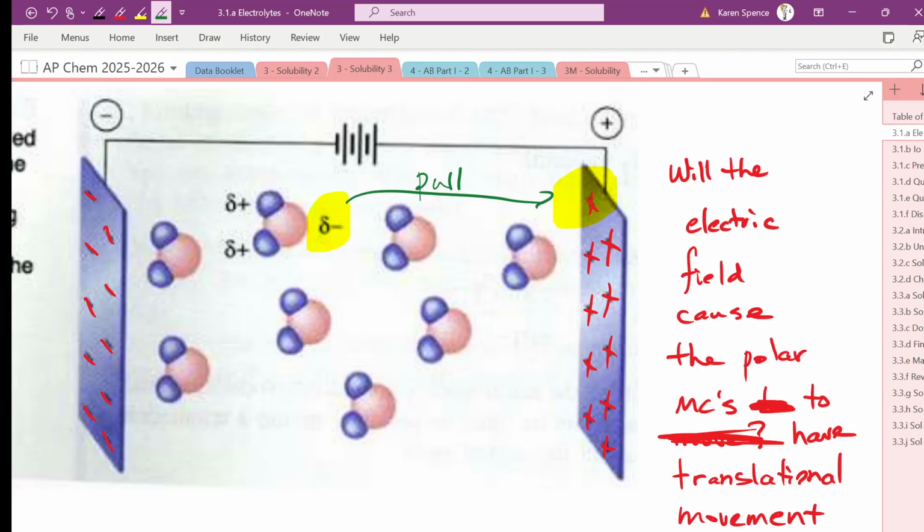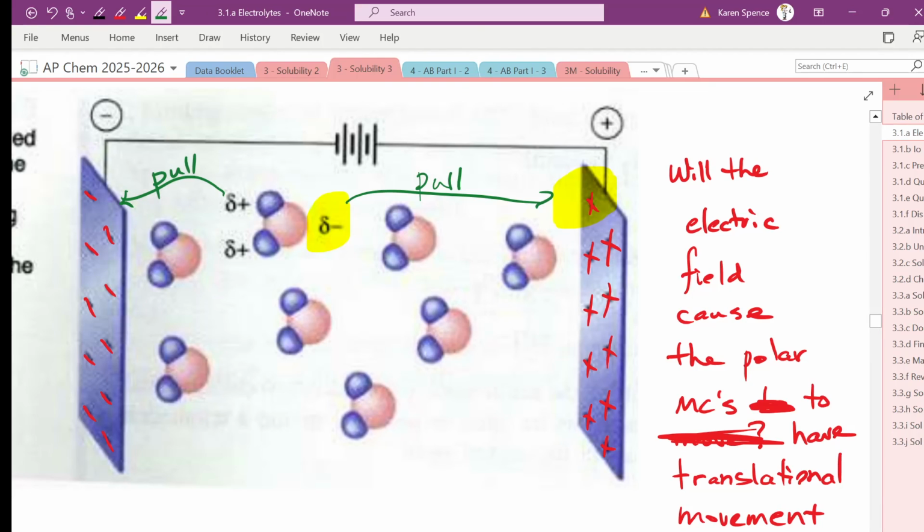Because they're being pulled equally in either direction. So basically what's going to happen is the particles are just going to continue moving randomly because they have random motion due to heat. Don't think about it too hard. Okay? So we got a pull this way. We got a pull this way.